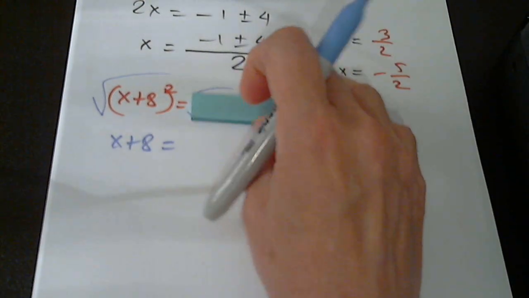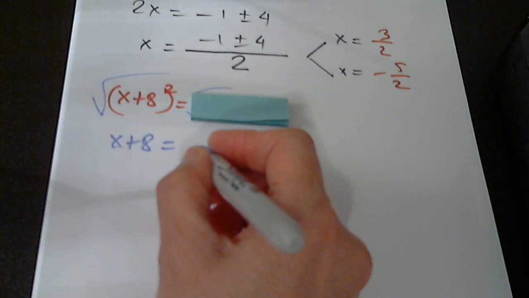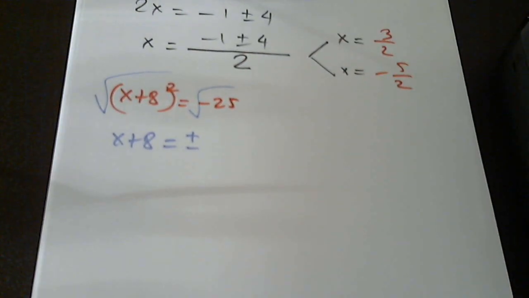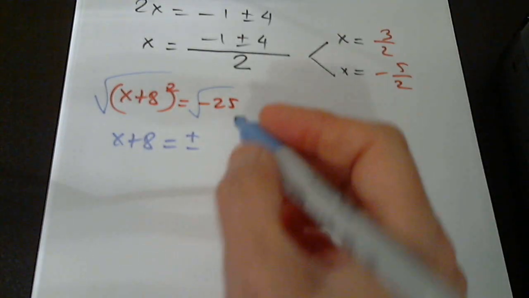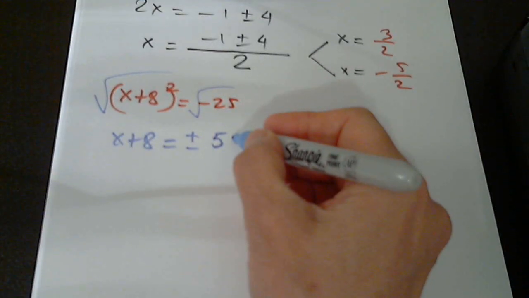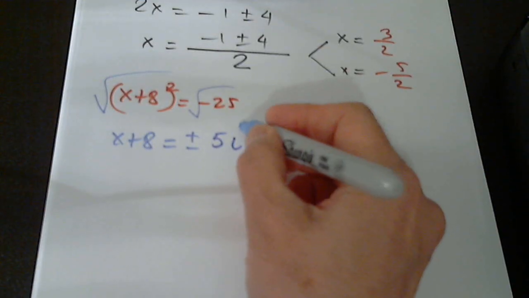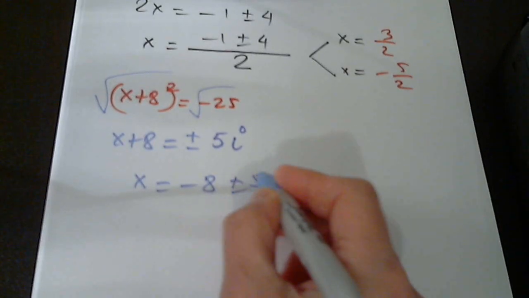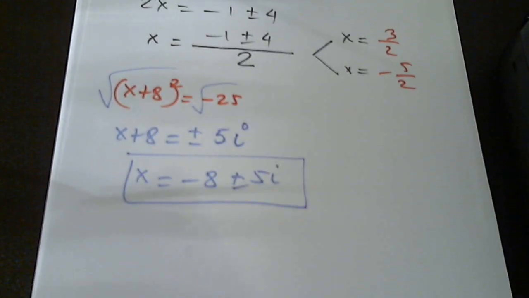On the right-hand side, what is something that I can never forget first? Plus minus. Yes. And now let's take the square root of negative 25. How much is that? 5, and the square root of negative 1? Exactly. I move 8. This is it. Very good. Awesome. Well done.